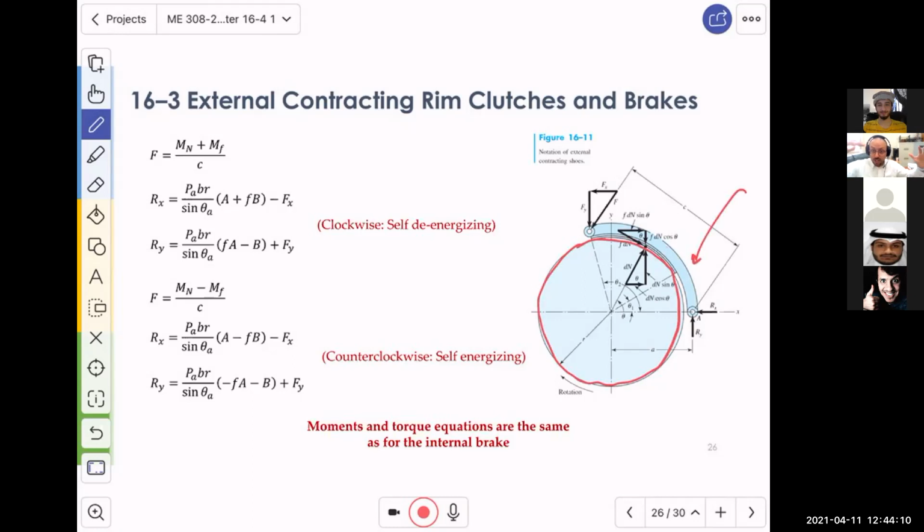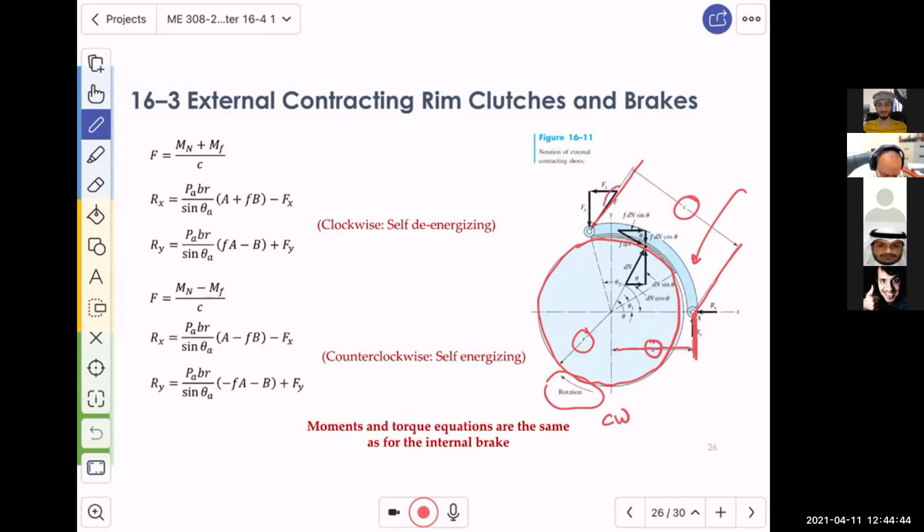So it is outside. Now, if you look, we are almost using the same terminologies. Here, we have a rotation, which is clockwise. We have a distance from the pivot all the way to the actuating force, which is C. We have a radius, which is a distance from the center to the outer layer of the rim. We have a distance from the pivot to the center, which is A. Everything is the same.